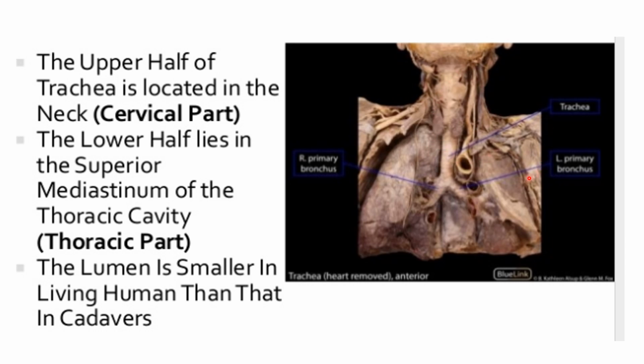You must remember that cadavers have a larger diameter than living humans, and this knowledge helps in selecting the appropriate size of the tube during tracheal intubation by the anesthetists.